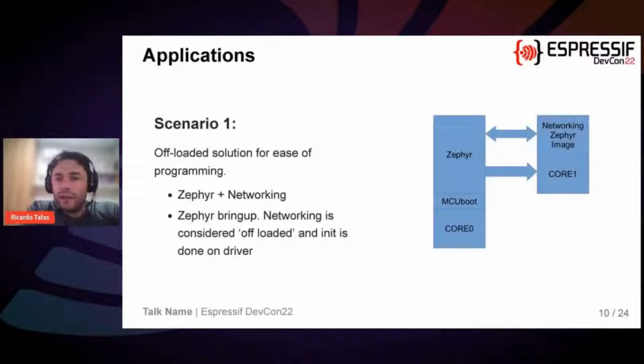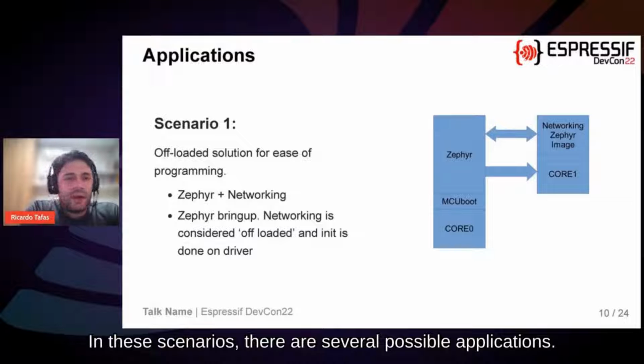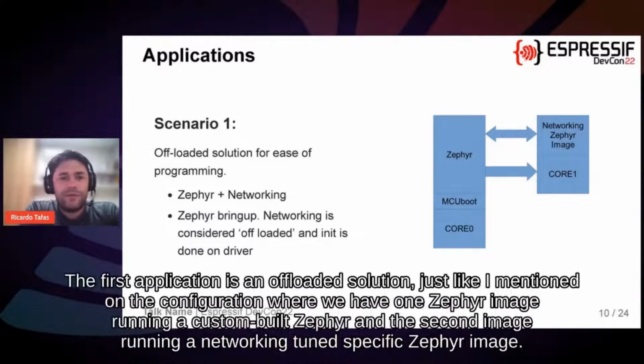So on these scenarios, there are several possible applications. The first application is an offloaded solution, just like I mentioned on the configuration, where we have one image running a custom built Zephyr, and a second image running a networking tuned specific Zephyr image.